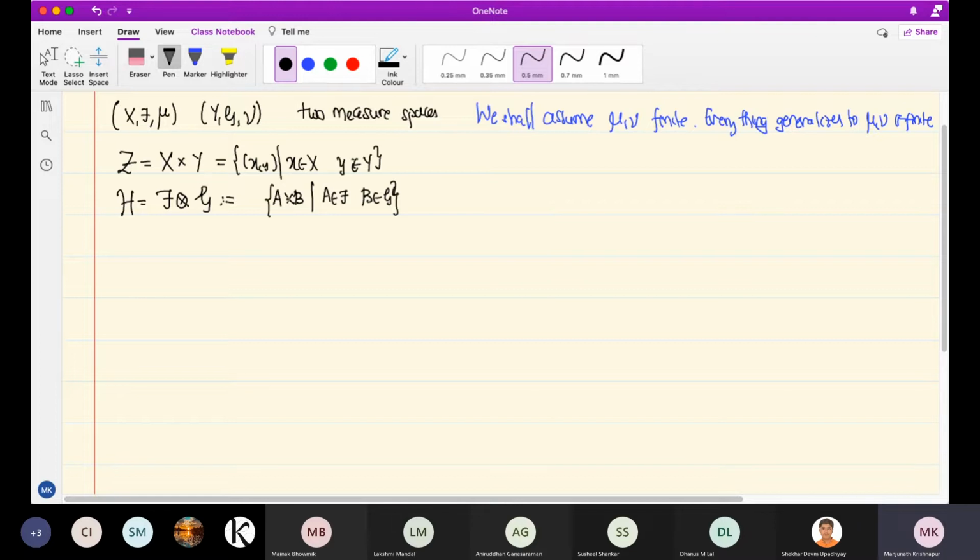So product rectangles have to be measurable, but this will not give a sigma algebra. You take the smallest sigma algebra containing all rectangles. The sigma algebra generated by these is sometimes called the cylinder sigma algebra or product sigma algebra.